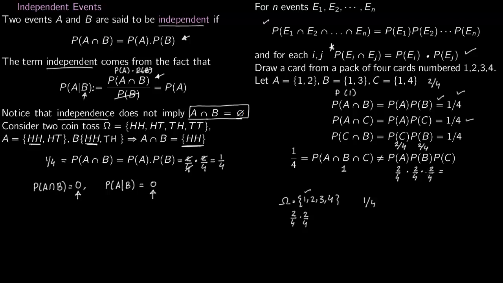You multiply them and you get 1 by 8, which is not equal to 1 by 4. So even though A is independent from B, B and C are independent, A and C are independent, A, B and C are not mutually independent. So therefore we say both of these conditions have to be satisfied for the events to be independent.